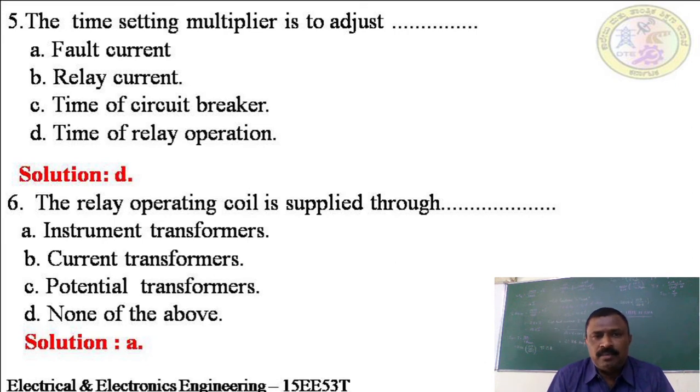We are using the time setting multiplier in order to alter the time of operation of the relay. So hence the time setting multiplier will never adjust the fault current, the relay current, or the circuit breaker time. It adjusts only the time of operation of the relay. So hence the solution for this is D.